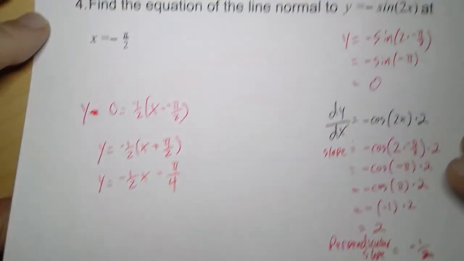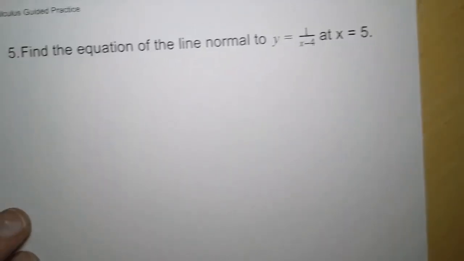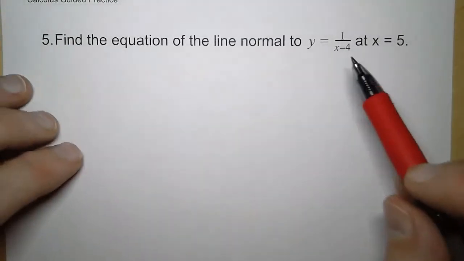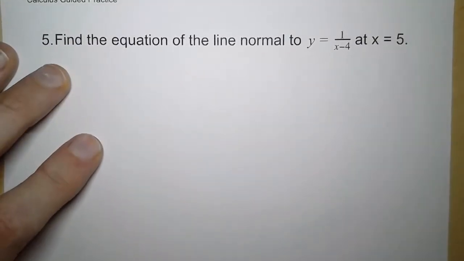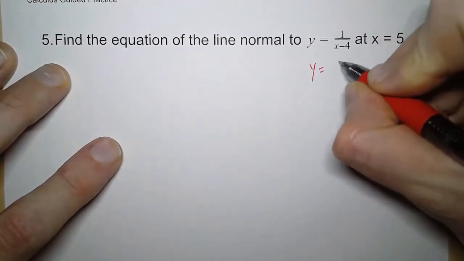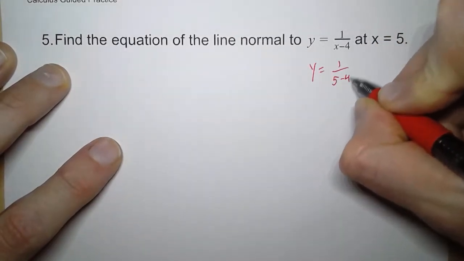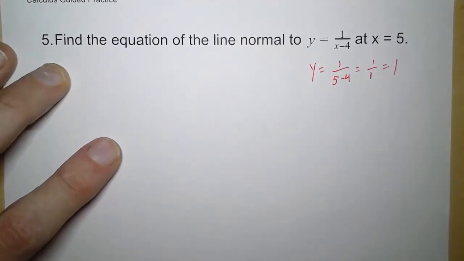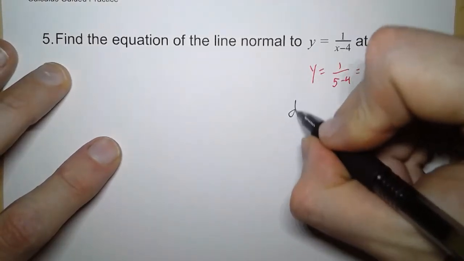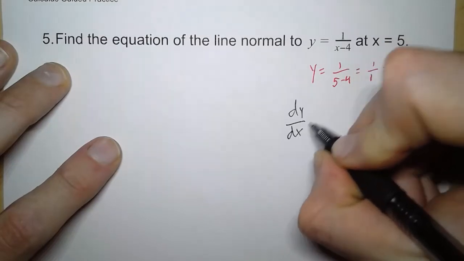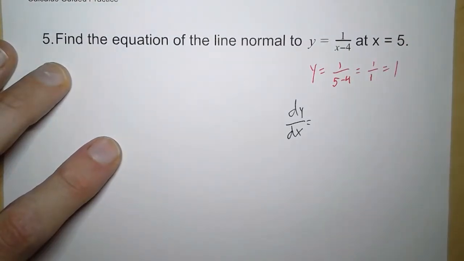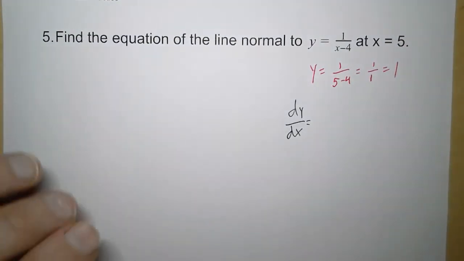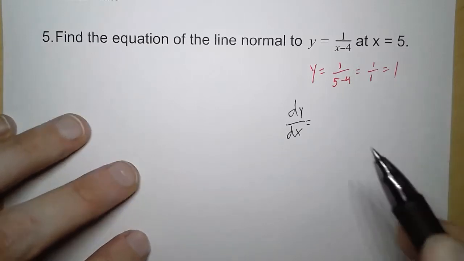All right, looking on to this last problem, here we have the value of x equals 5. So we plug in 5 for x to get our point. So 1 over 1, which is 1. To get our derivative, I think the easy way to do this one is to treat this as quotient rule.